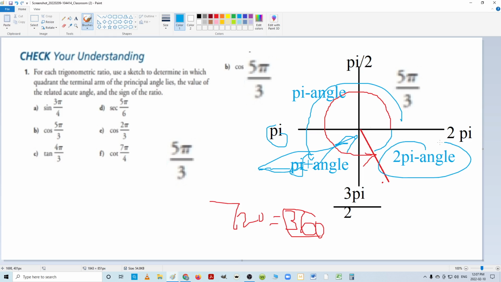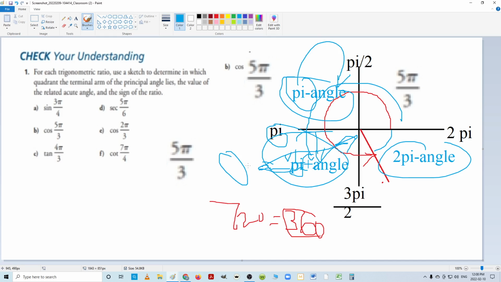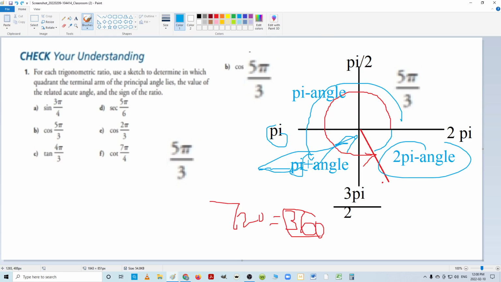So this is to find the acute angle, this is to find the acute angle, and this is to find the acute angle. Plus pi plus the acute angle will equal the full angle. Pi minus the angle in question will be equal to, actually I should say pi minus the acute angle in this one.